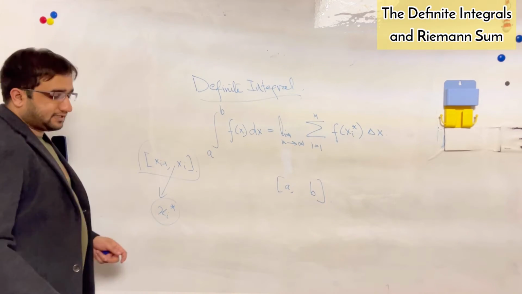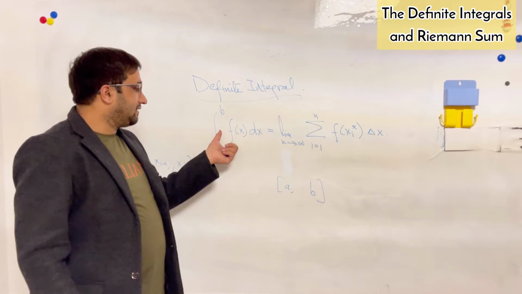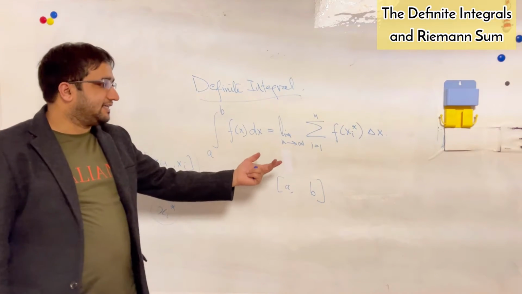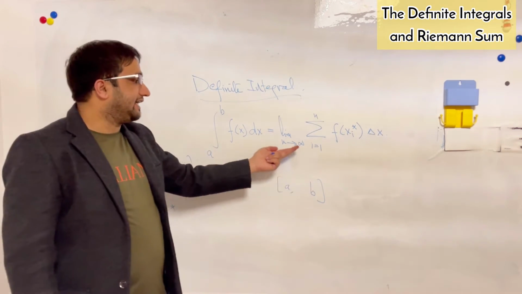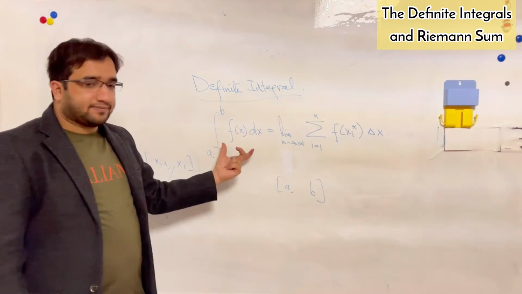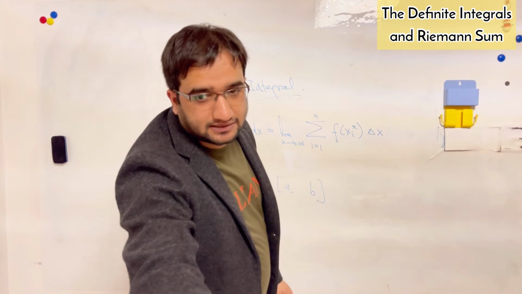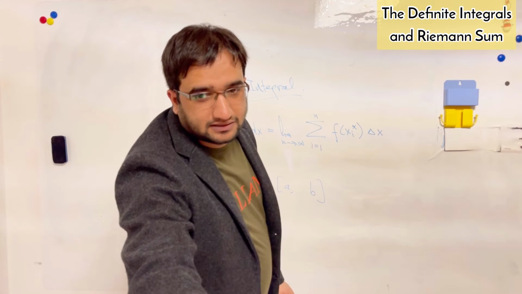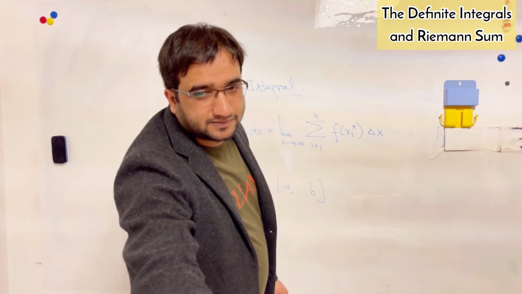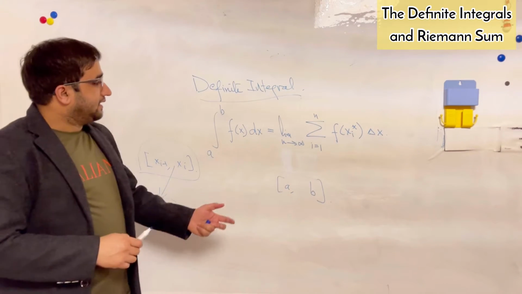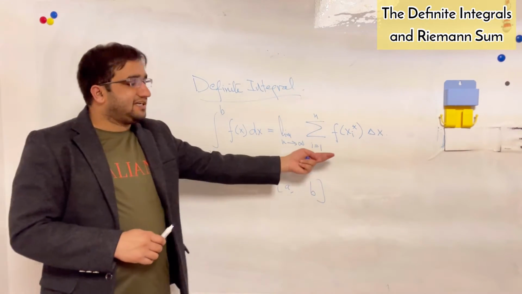So he named this symbol for the integral, and he said instead of this whole thing, which is the same on both the left and right, you can say both are equal.